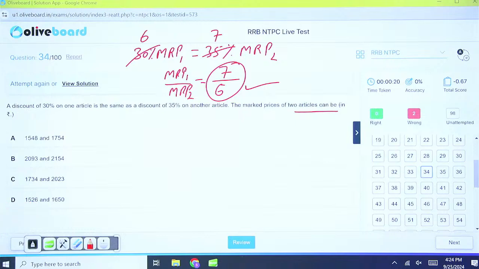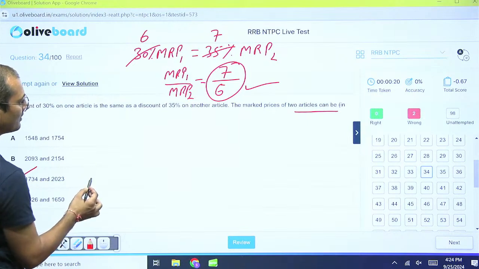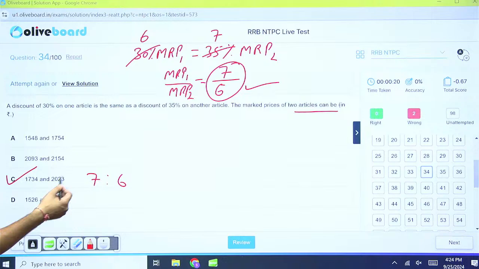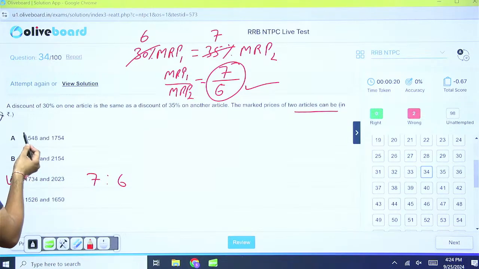If we check, option C gives 6:7. We can also check it through the divisibility rule of 7. This is not divisible by 7, this is also not divisible by 7, and this is divisible by 7, right? Is this okay? Yes or no?